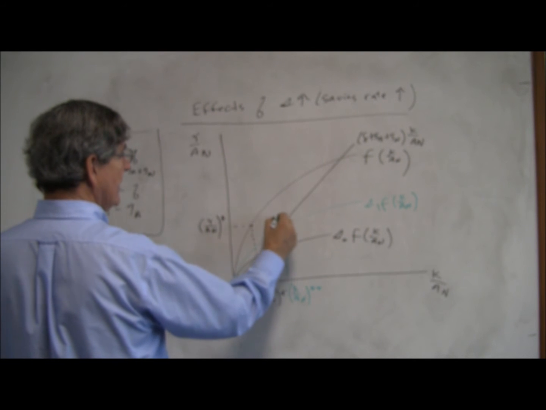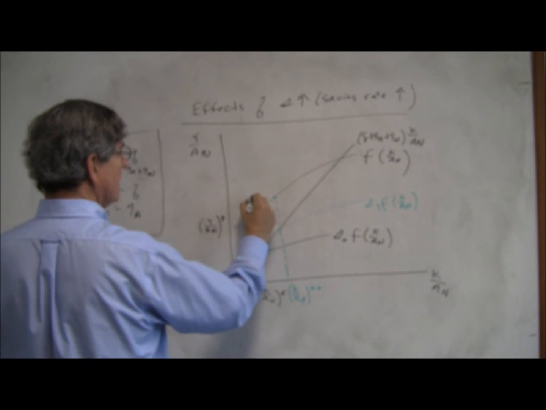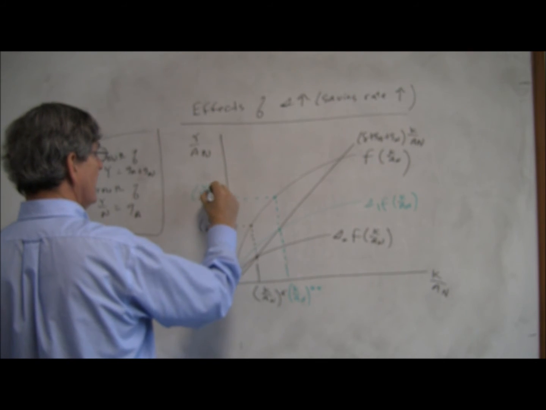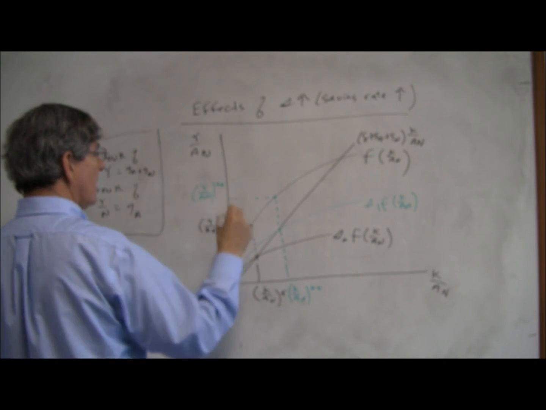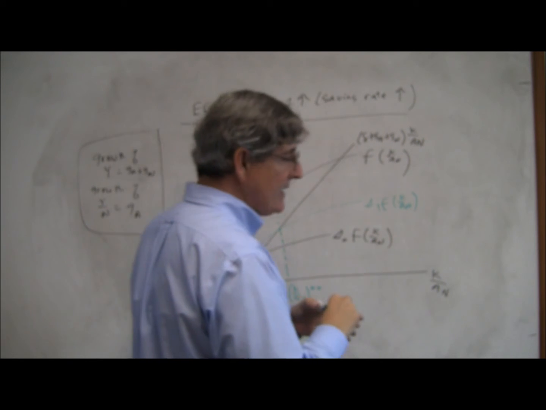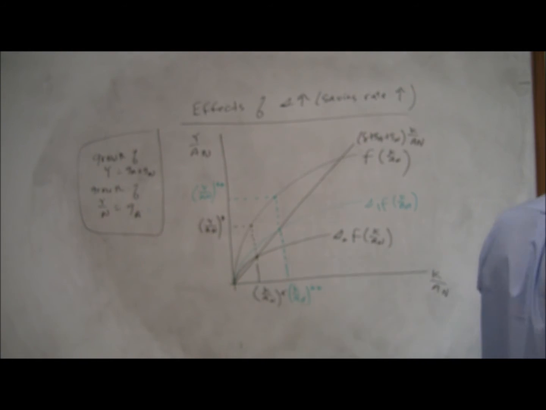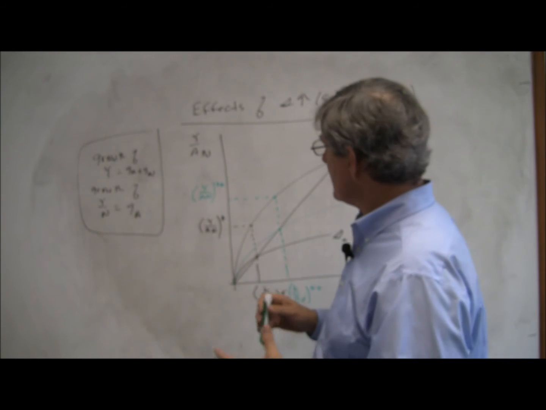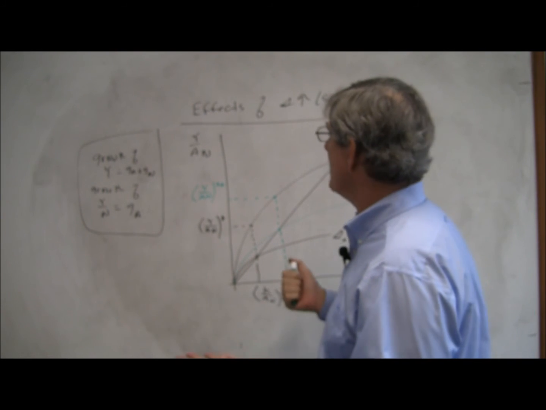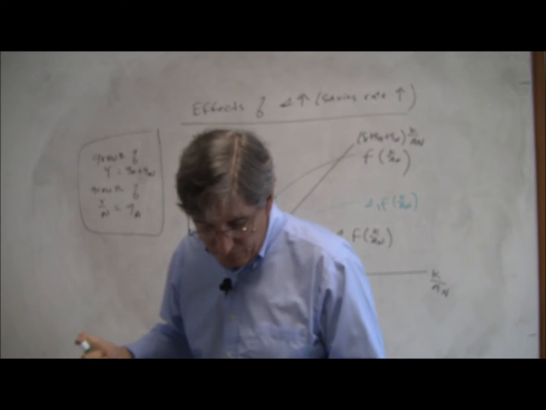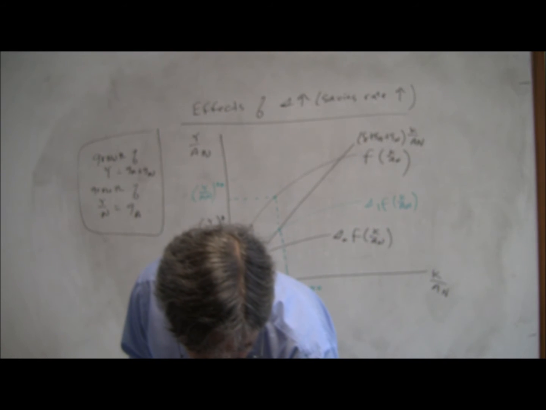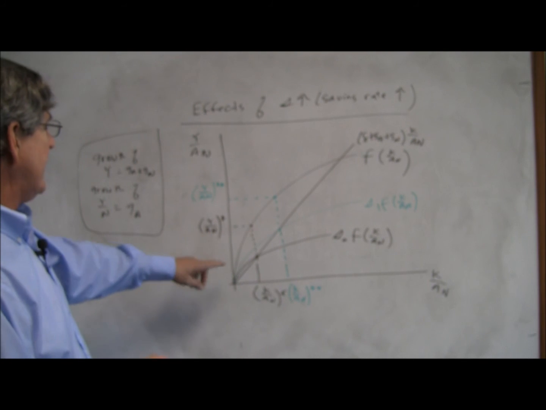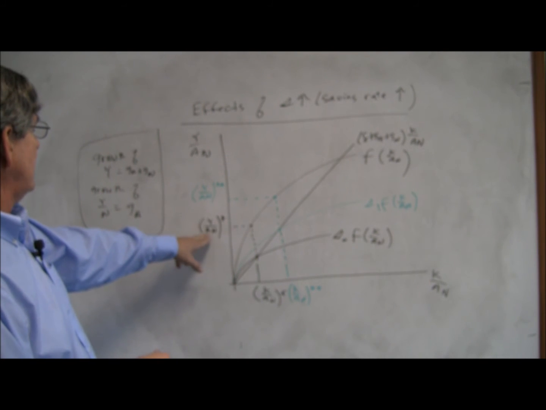If we come up to here, we will get a new level of y over AN star. And so it raises output per effective unit of labor. It also could raise y over n. So it raises the level of y over n. A hasn't changed here.